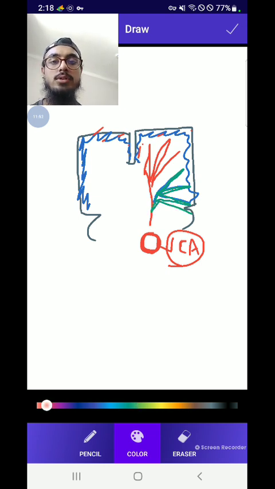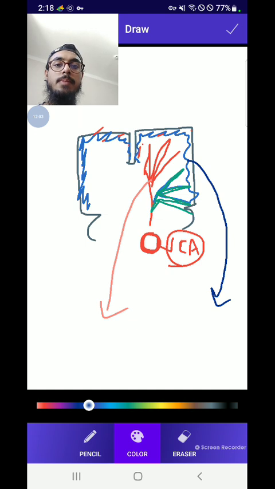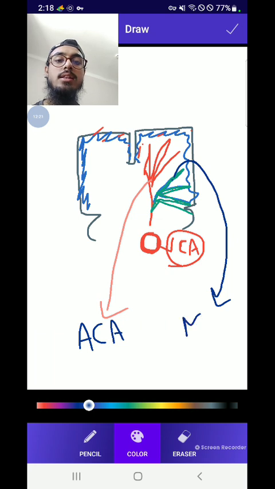What are the arteries' names? You must know that artery also. This is the green color. There are two branches from the internal carotid artery. The red branch is the anterior cerebral artery, and the green branch is the middle cerebral artery.